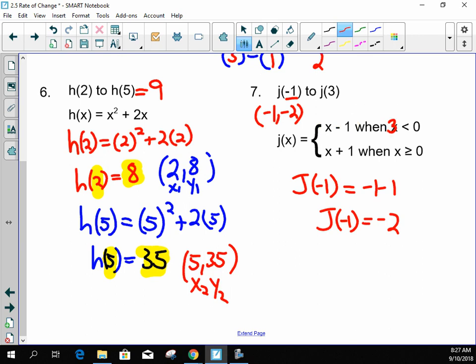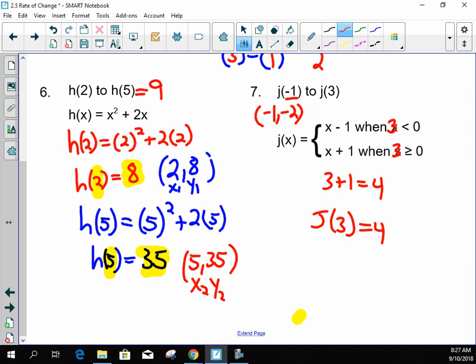Is 3 smaller than 0? Put 3 here. Is 3 bigger than or equal to 0? So I have 3 plus 1, which equals 4. So J of 3 equals 4. So here I have 3 comma 4.